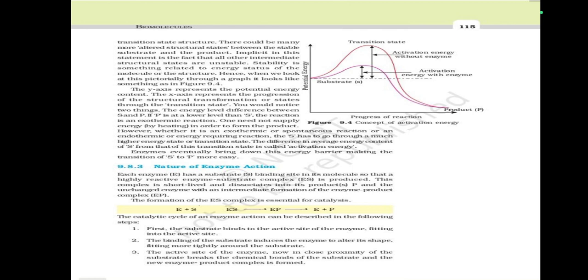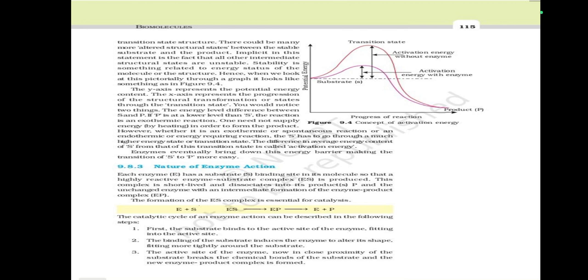Now you would notice two things: the energy level difference between the S and P. If P is at a lower level, then yes, the reaction is an exothermic reaction.